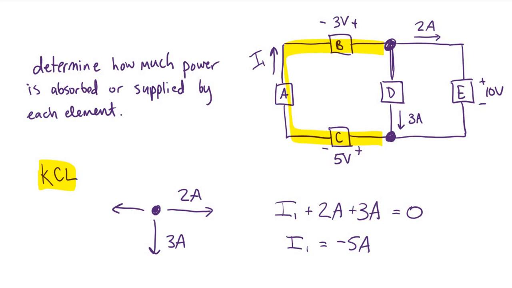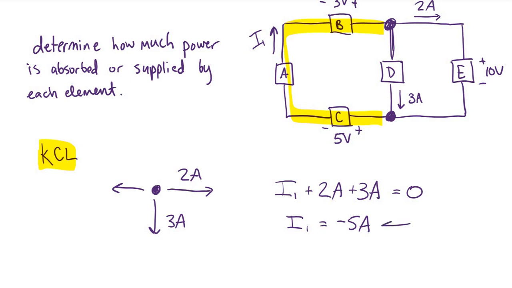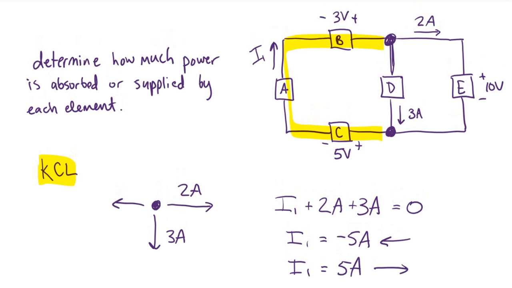And so that's minus 5 amps going to the left-hand side, or equivalently, I1 equals 5 amps going to the right. And if I check back in our diagram, I've already defined it as going to the right. So based on how I've drawn the arrow on the diagram, we've got a positive 5 amps there for I1. Okay, so that's one missing piece of the puzzle.